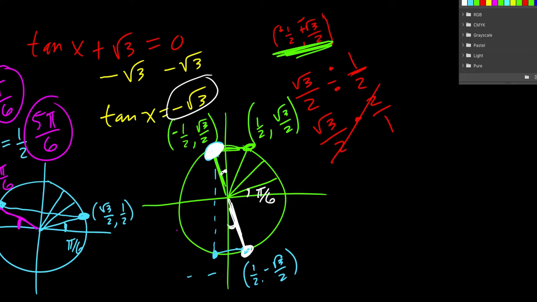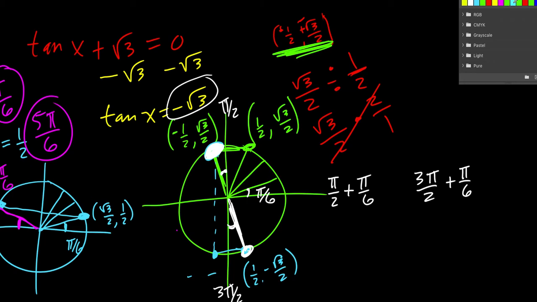And so those are pi/6. So this is pi/2. And so we can go from pi/2 plus pi/6. And then right here, we have 3pi/2 plus pi/6.